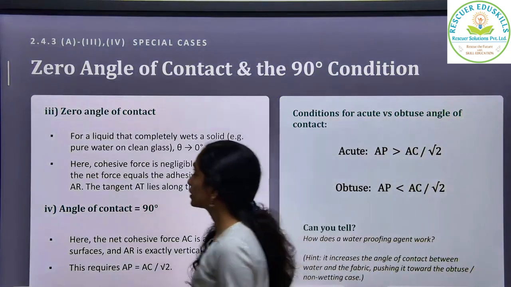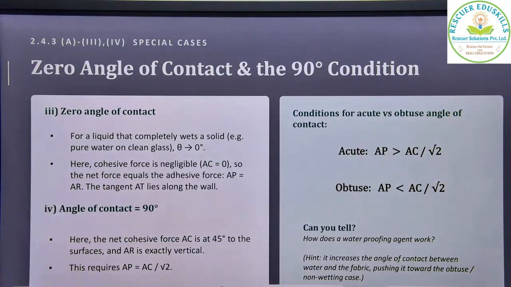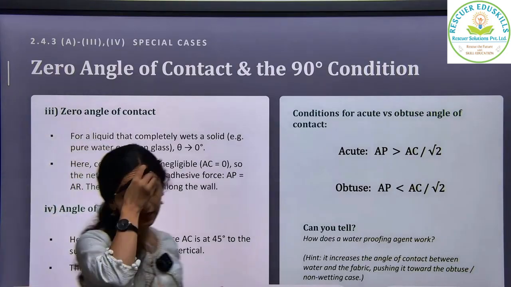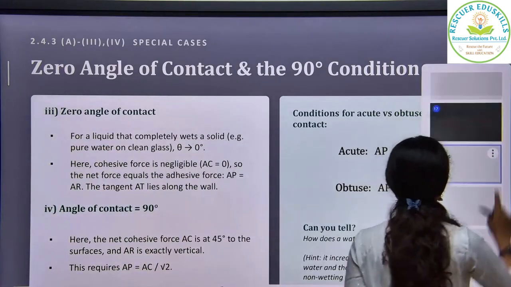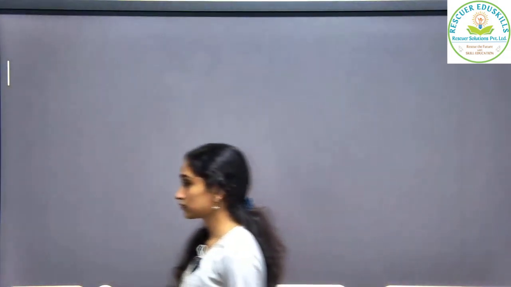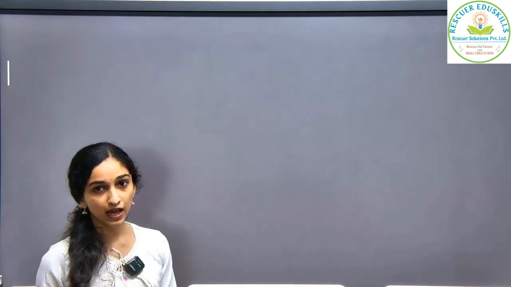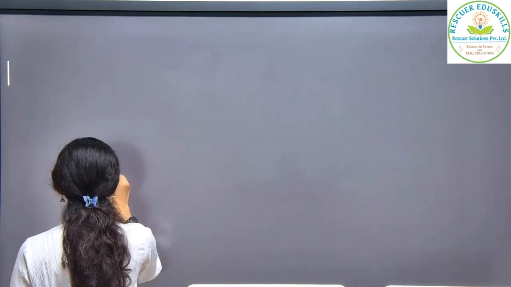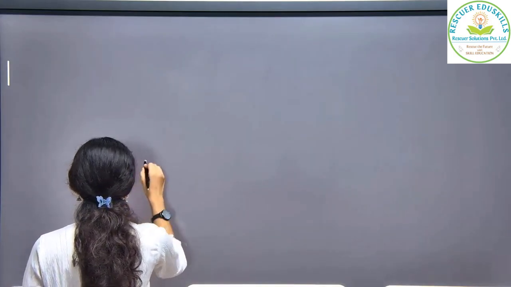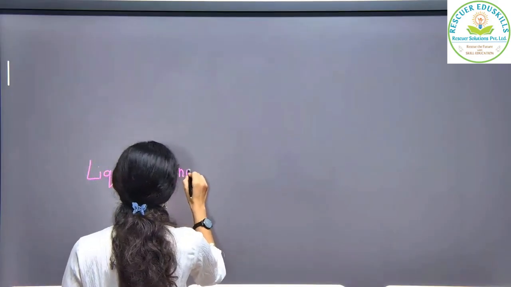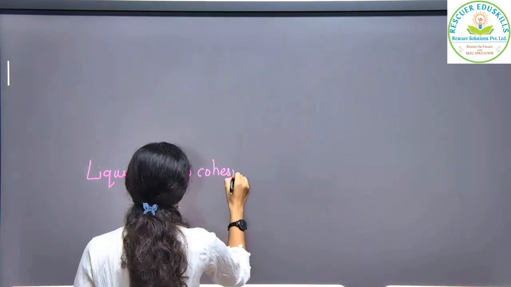Now the zero angle of contact and the 90 degree condition. What we are going to see is basically an ideal condition. What is this ideal condition? It is the condition in which the liquid has no cohesive force.